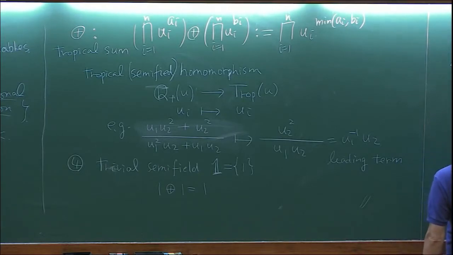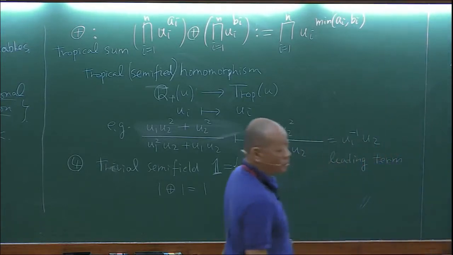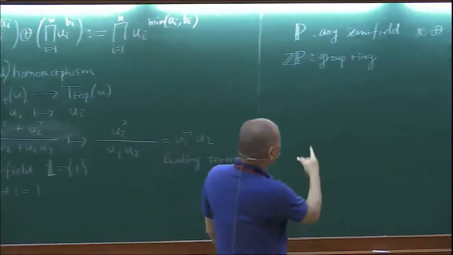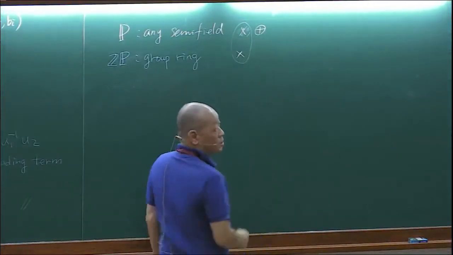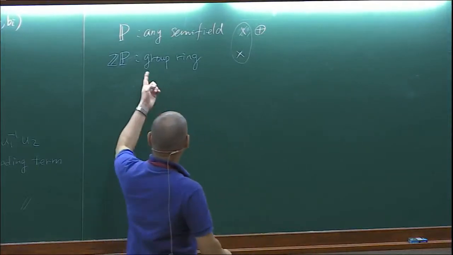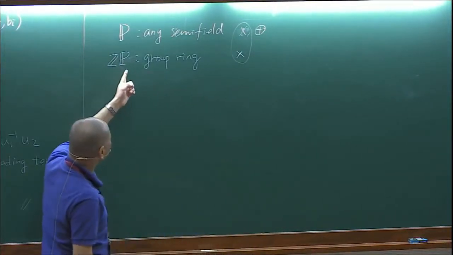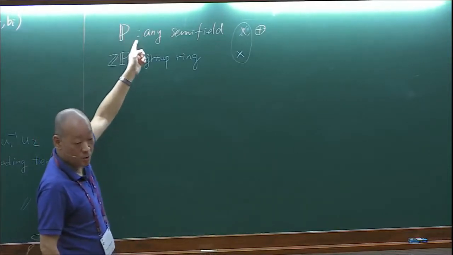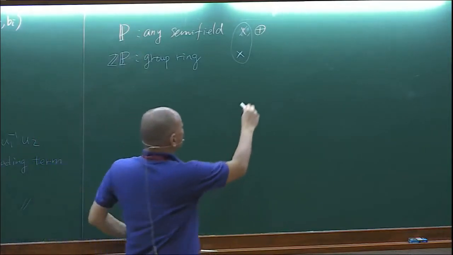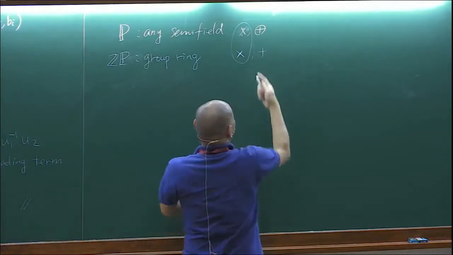Because it is an abelian group, you can consider that. And by definition, this group ring multiplication is common with this one. But a member of this one is a formal sum of elements of this one, and this formal sum is given by a different plus.